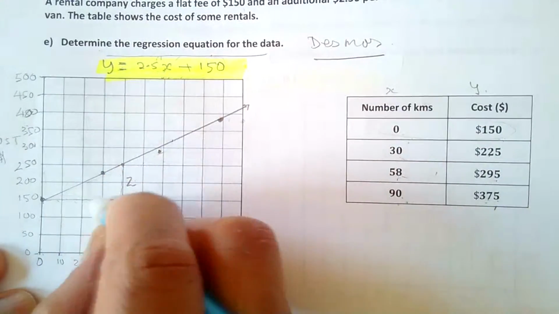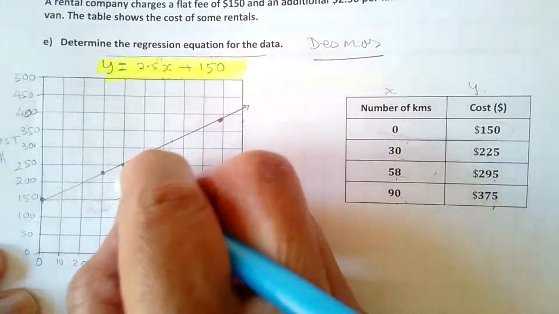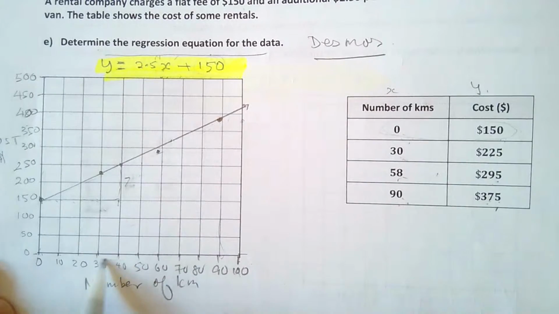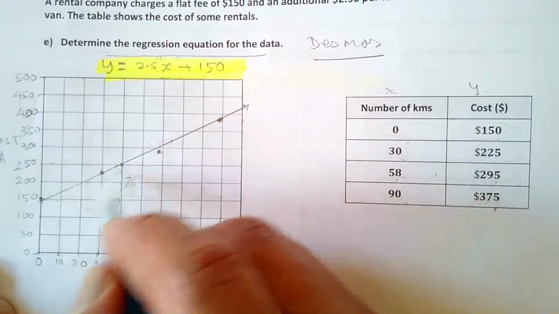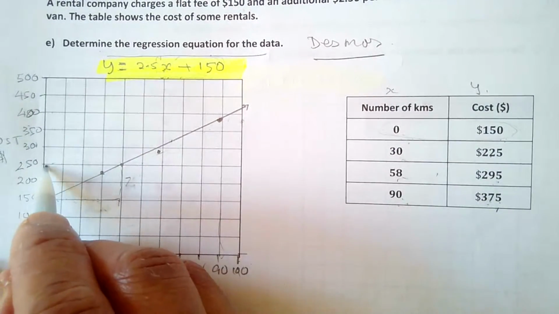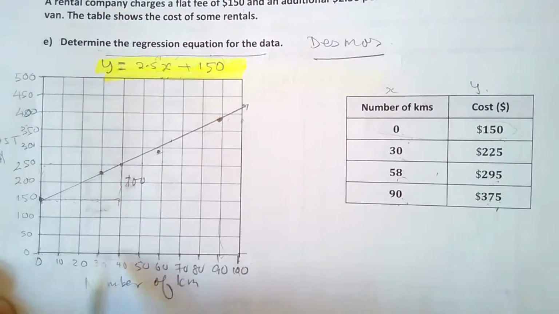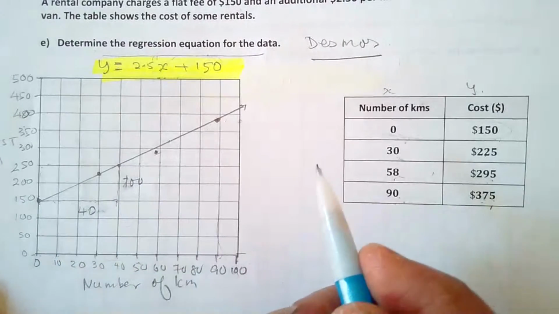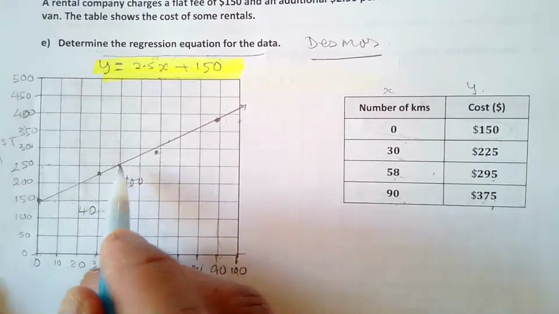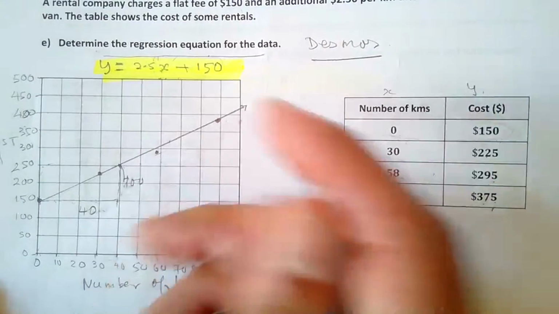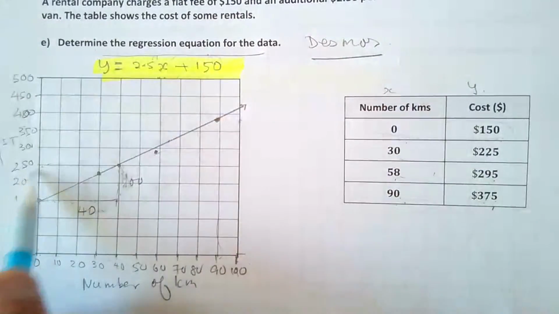Now that would be, that we will read it, but look at our scale. Our scale is so different. So rise here is from 150 to 250, which is 100. Our run is 40. Notice that. If I were to just read it out just like this here, I'll be wrong because I have to look at my scale.